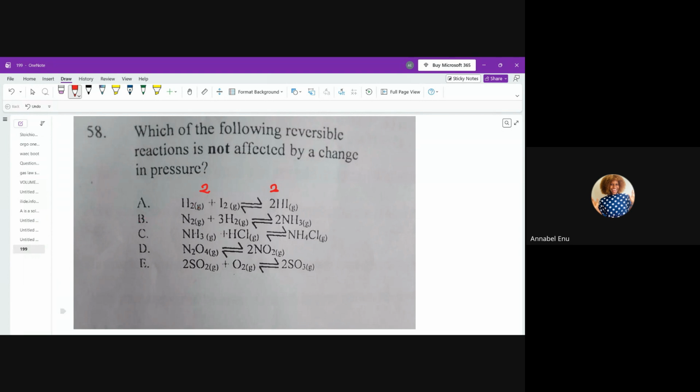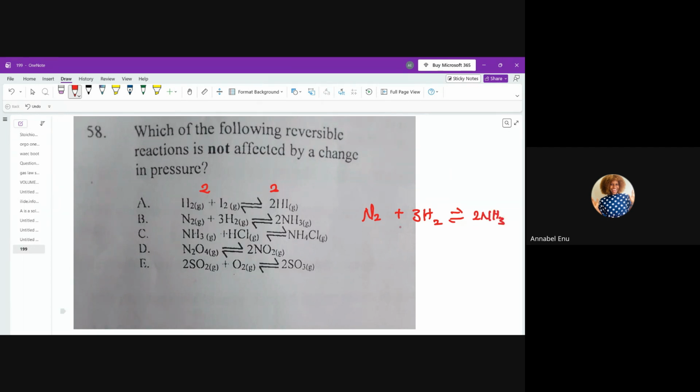Okay, now in option B, the reactant is N2 and 3 hydrogen, forward and backward, to give us 2 NH3.